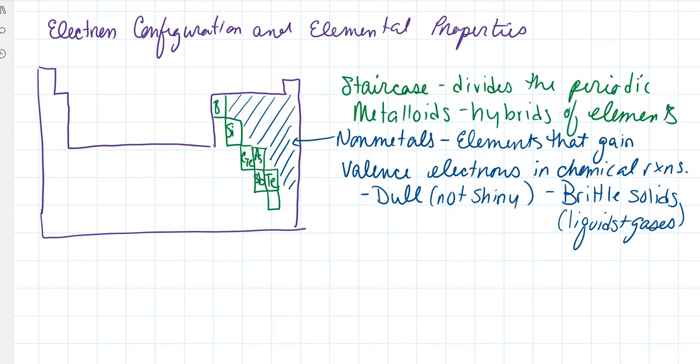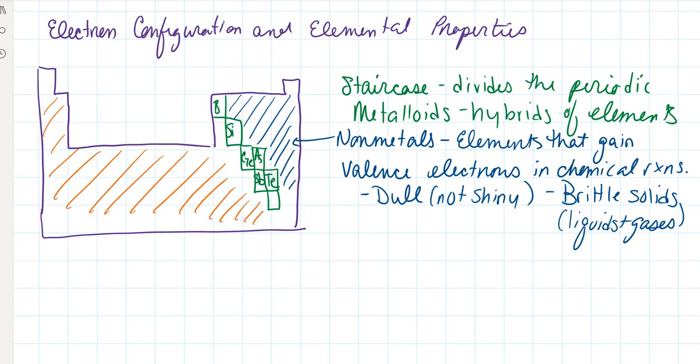And this region that I'm going to shade in orange is pretty much a lot of the elements on the left side of the periodic table. This orange region, we call these elements metals. And that's because they're very shiny. Let's see, what else about metals?